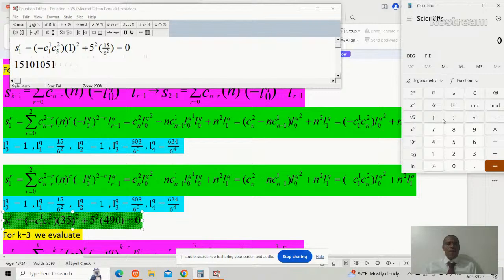I will make minus 10 multiplied by 1 squared, plus 25, meaning 5 squared times 15.